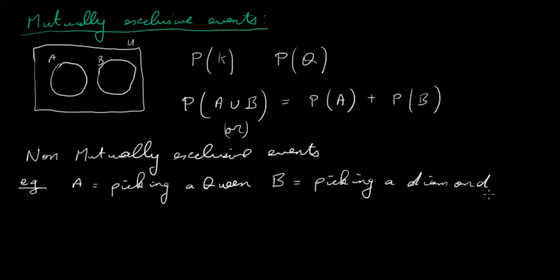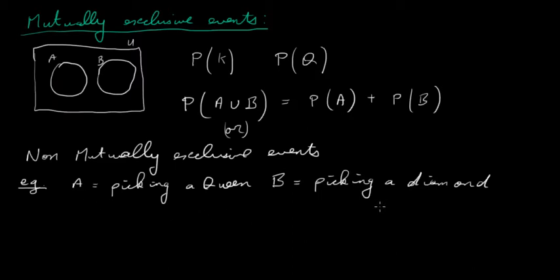Okay, so these are not mutually exclusive because there is a queen of diamonds in the pack. So if you pick one card from a pack of cards, there is a possibility that both of these events will occur with one pick of a card. You can pick a queen of diamonds.